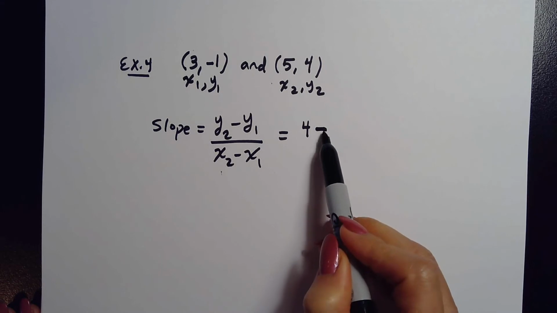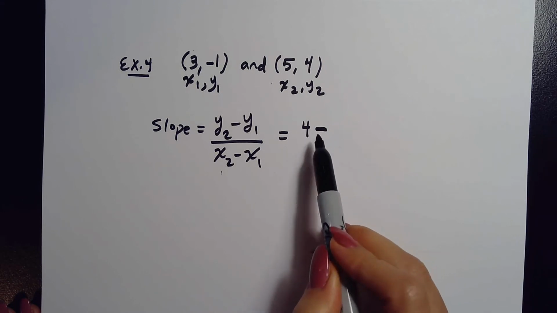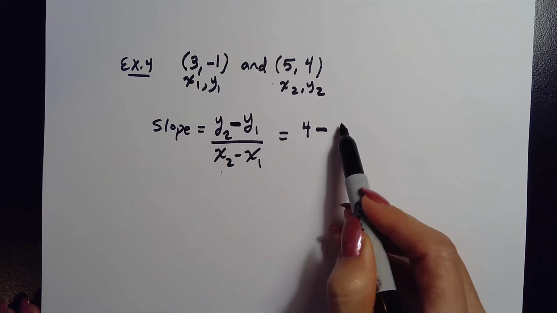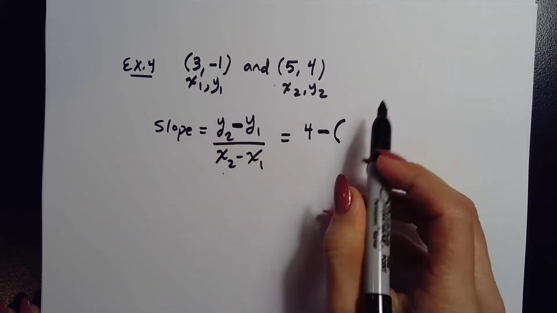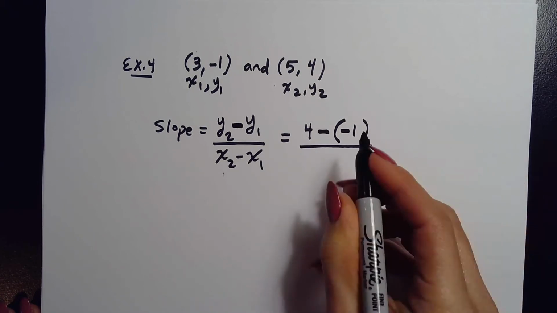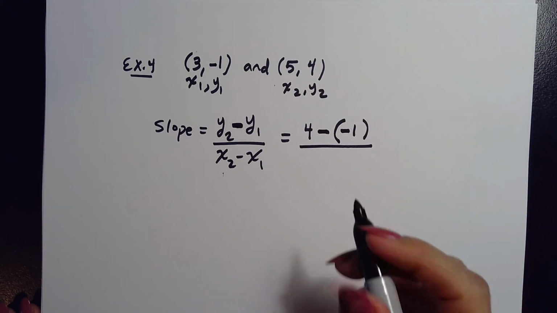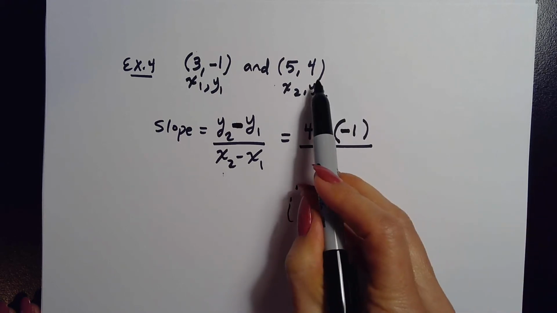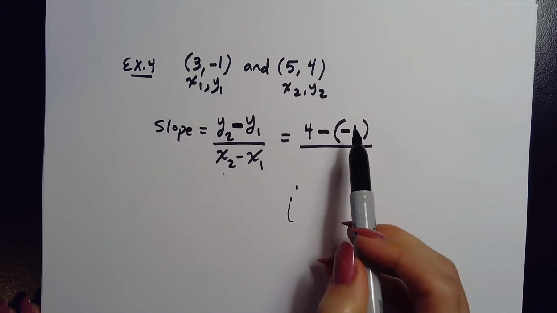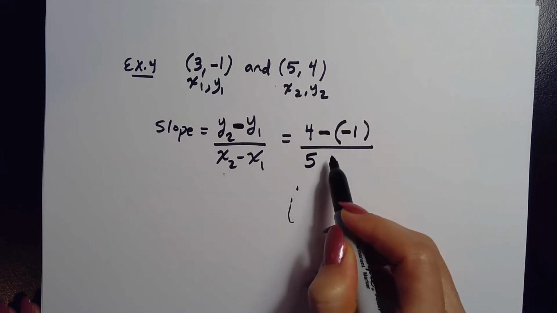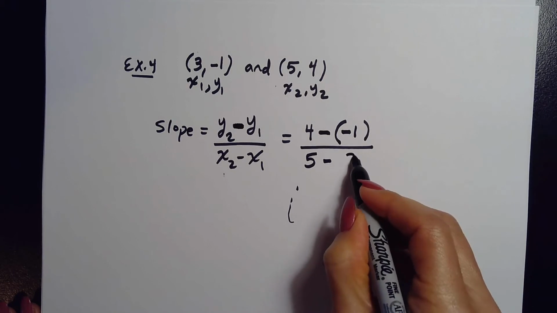It's a common mistake to simply write 4 minus 1, but this negative here means you're subtracting a negative number, so minus minus 1, which becomes positive, from our previous lesson. So y2, 4 minus minus 1, divided by x2, which is 5, minus x1, which is 3.